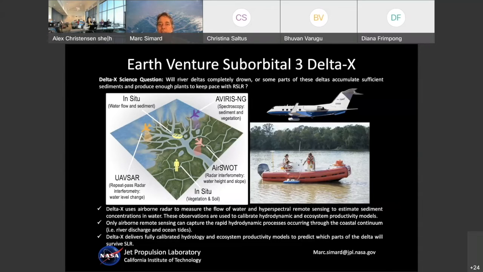The radars in Delta X are used to measure hydrodynamic processes, while AVIRIS-NG has two purposes. One is to measure vegetation structure, and the other is to measure water quality, in particular sediment concentrations in the water. And again, we have in situ measurements to calibrate and validate both of these types of measurements.